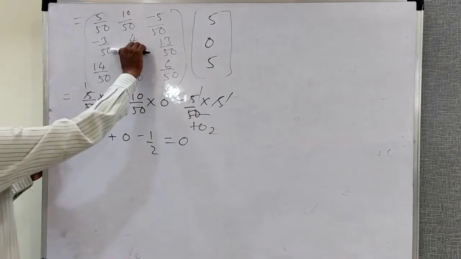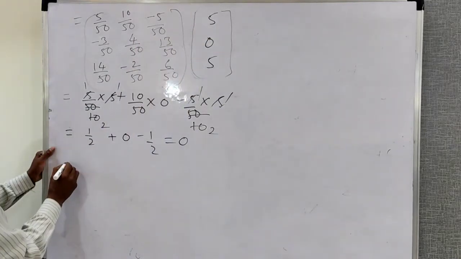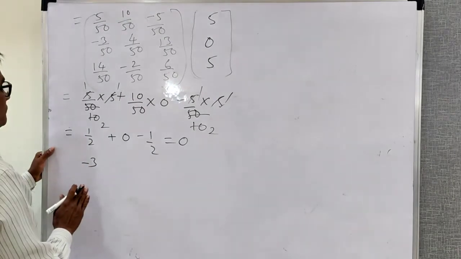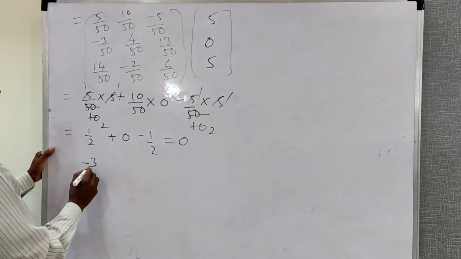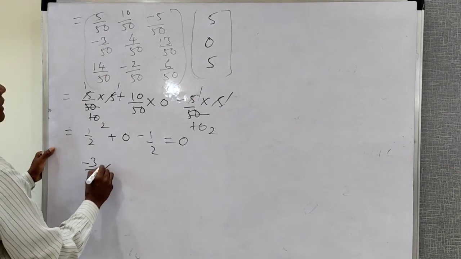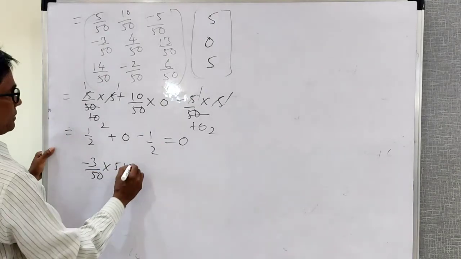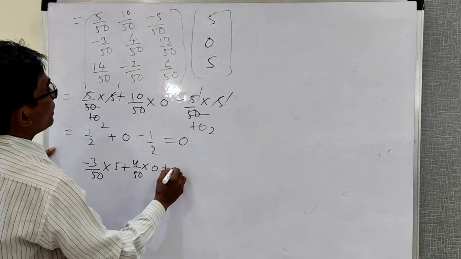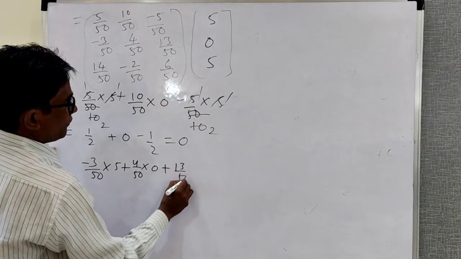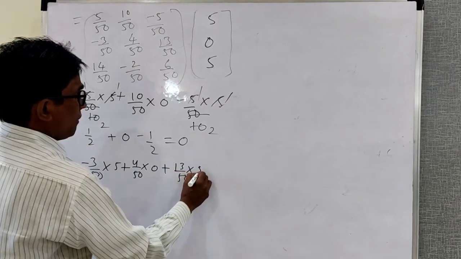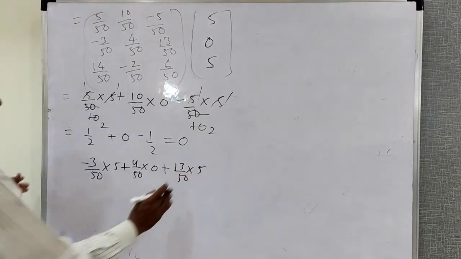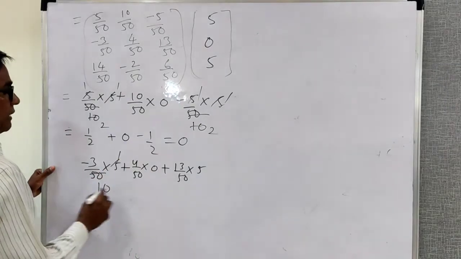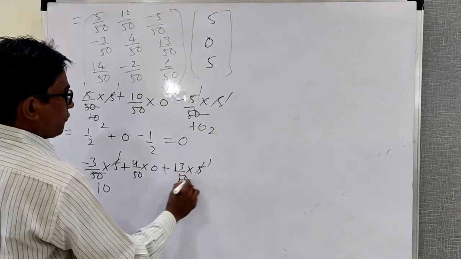The next second row, first column. Minus 3/50 into 5 plus 4/50 into 0 plus 13/50 into 5. 5 1s are 5, 5 10s are 15, 5 1s are 5, 5 10s are 15.